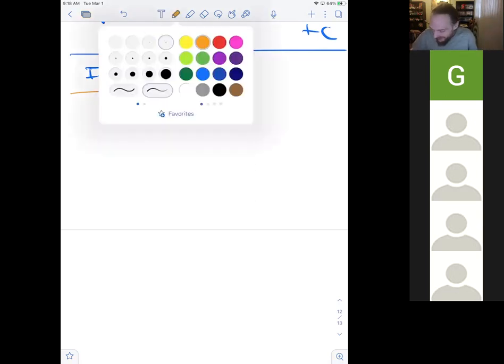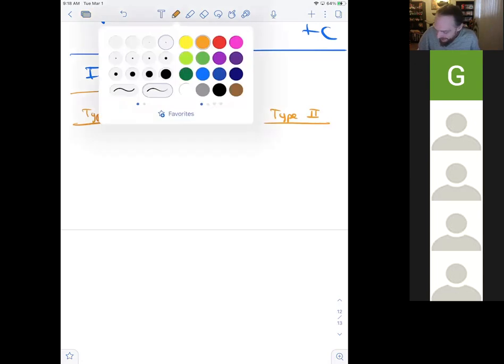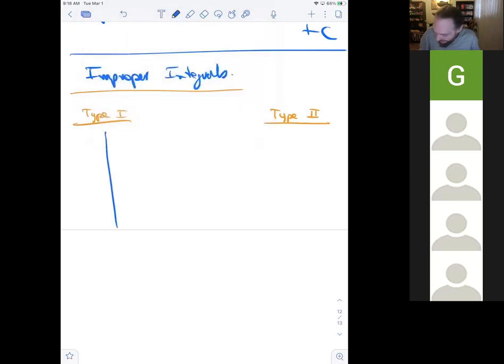So for the type 1 and type 2 that we're going to talk about, I can just draw them and show you the scenario of what we're trying to do here.